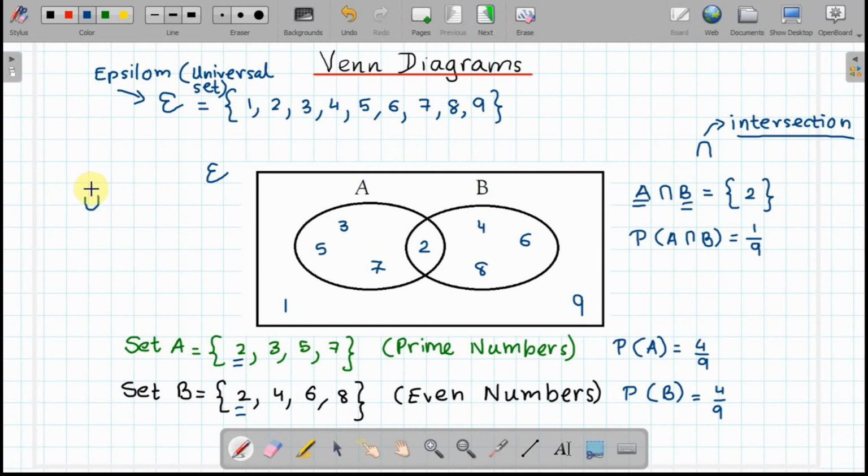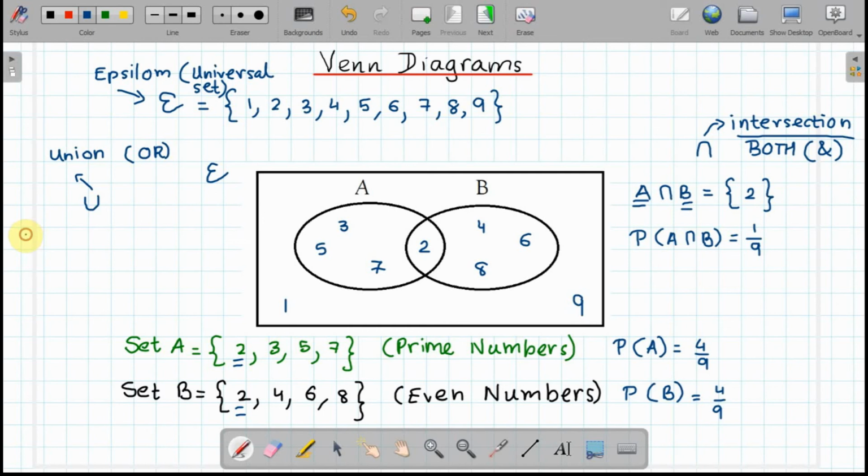So whenever you see a U, we're looking at a union. The intersection has to fulfill both conditions at the same time. I like to think of it as the word and. It has to be part of A and of B. The union has to fulfill either one condition or the other. So I like to think of it as the word or.